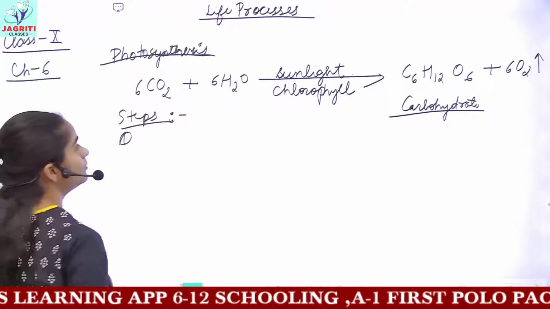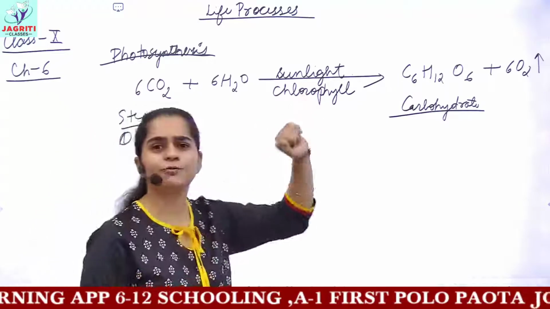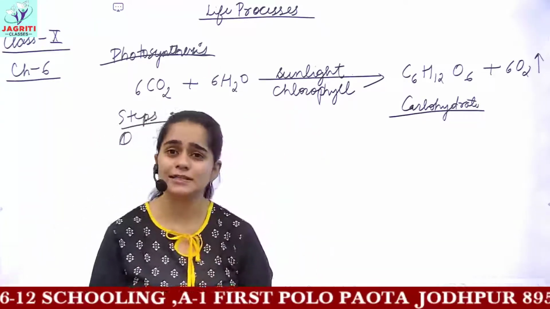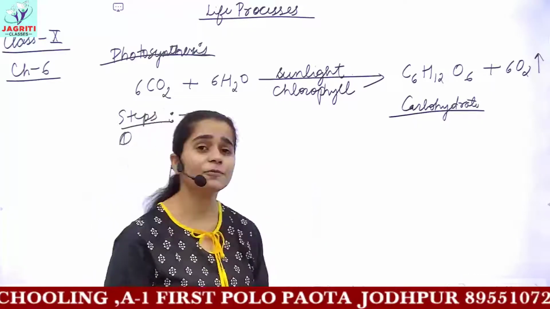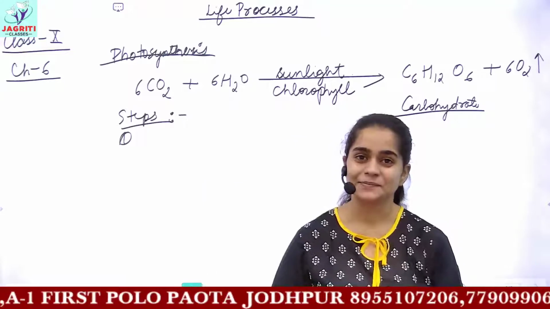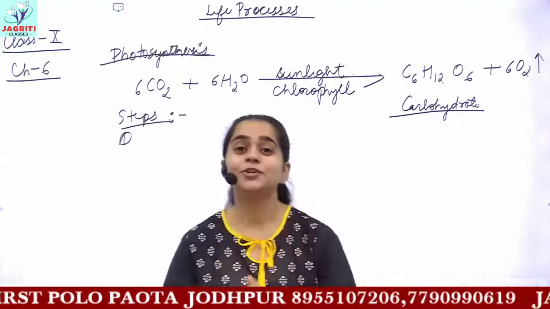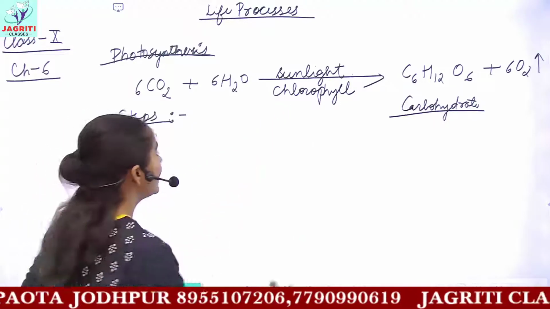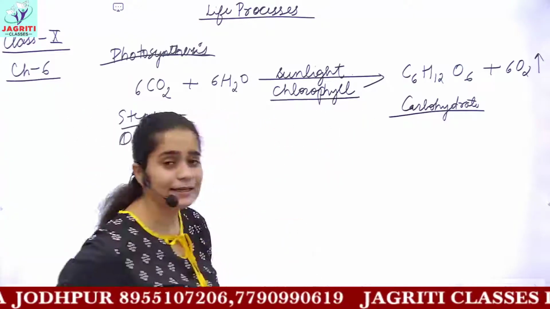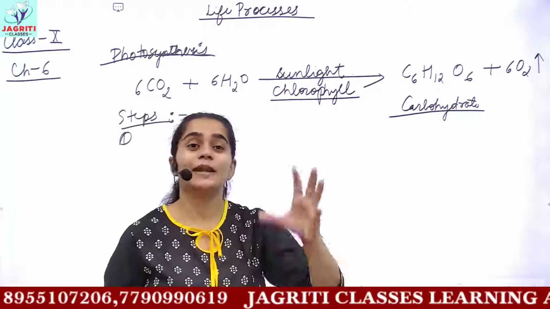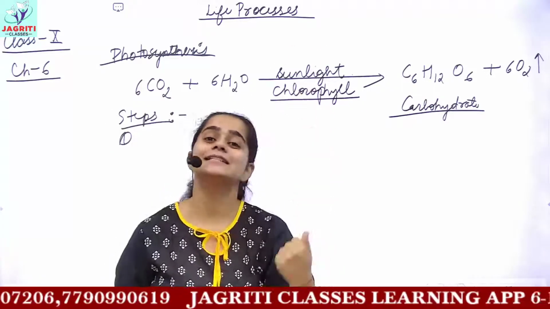The first step: what is the function of chlorophyll? Why do we say that only green plants can perform photosynthesis, or what is the requirement of chlorophyll? If I ask you, can any one of you answer? Very good to the students who have answered it correctly. The answer is that chlorophyll is responsible for absorbing or trapping the sunlight.